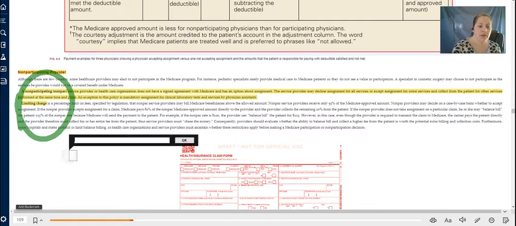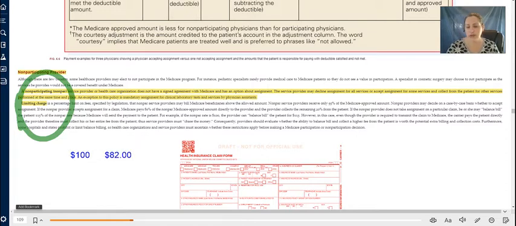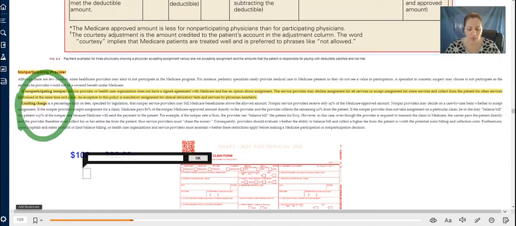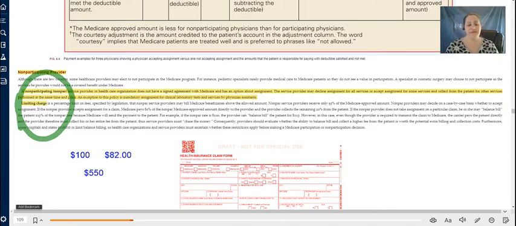So, for example, let's say I'm a participating doctor, I charge $100 for that office visit, and Medicare's approved amount is $82. So that means I have to reduce my fees to $82. Doctor down the street, who's not participating, for the same service, decides they want to charge $550, and they're going to make the Medicare patient pay that.